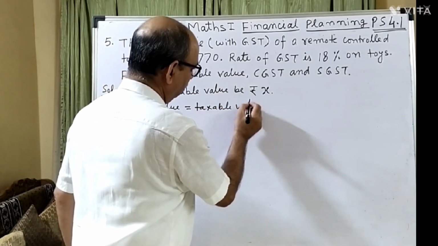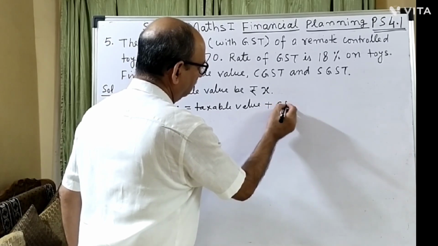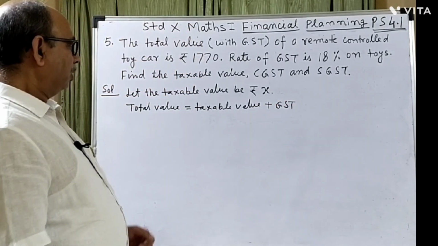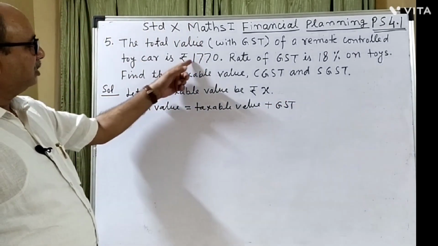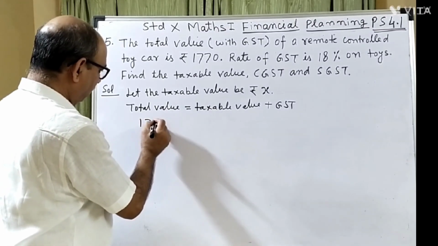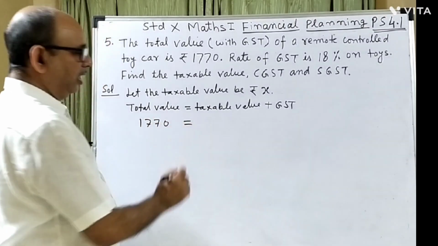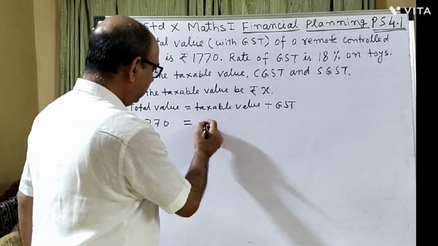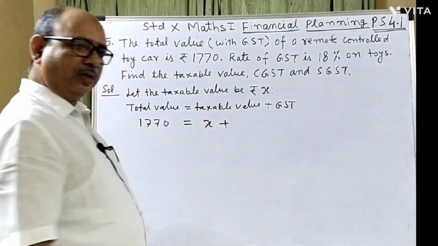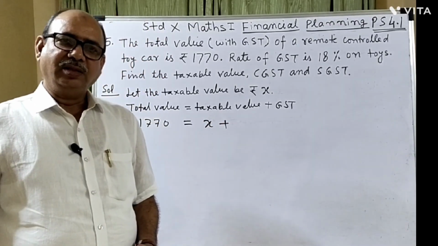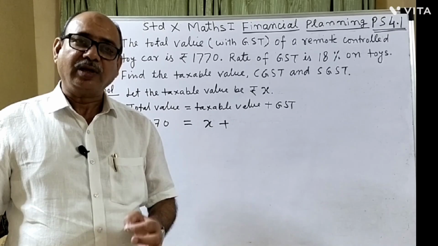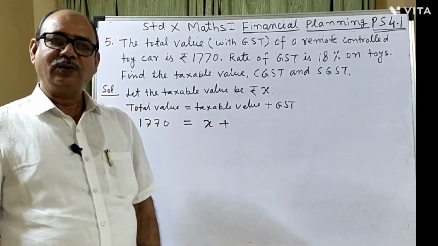Taxable value plus GST. Total value is given as rupees 1770. Taxable value we have assumed X, plus GST. GST is always applicable on the taxable value.